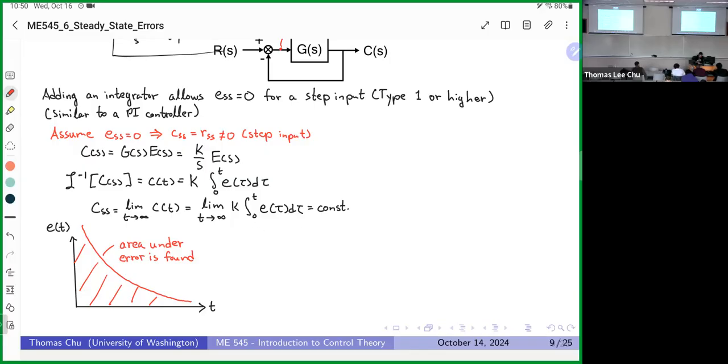Eventually, at time going to infinity, this is 0. So ESS is equal to 0 for a step input on type 1 or higher systems.